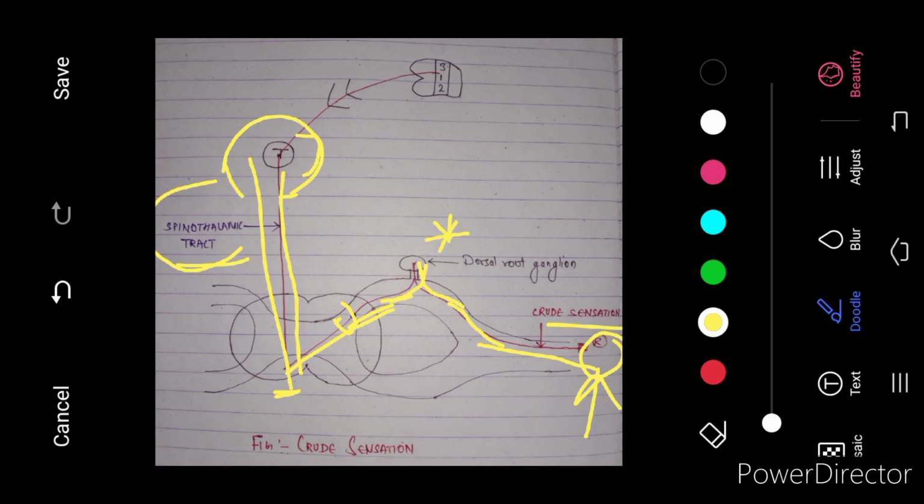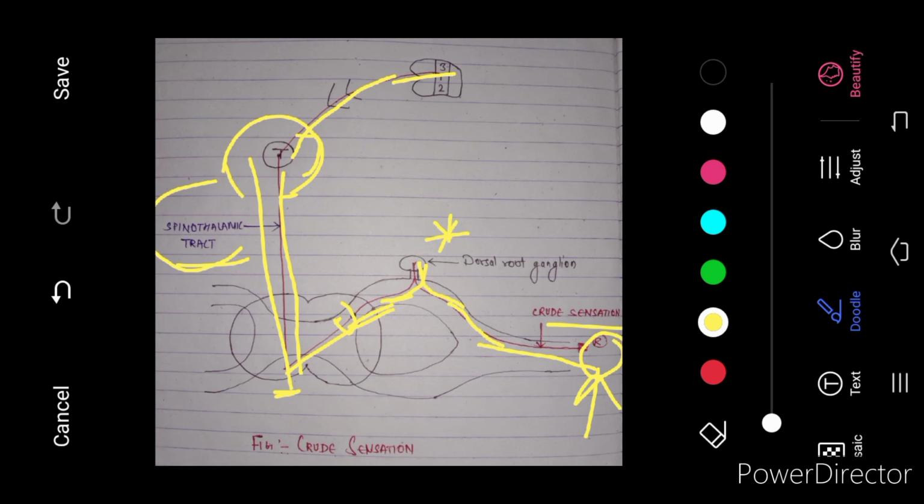So the spinothalamic tract is known as the first ascending tract, and after relaying on the ventero-posterolateral part of the thalamus, the fibers travel through the internal capsule and finally reach area 3, 1, 2 of the brain.